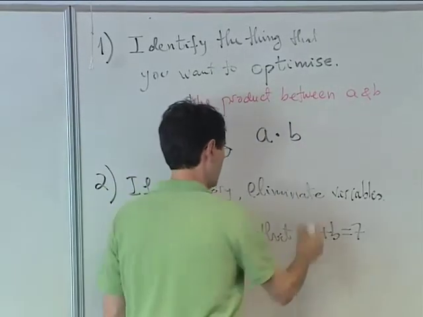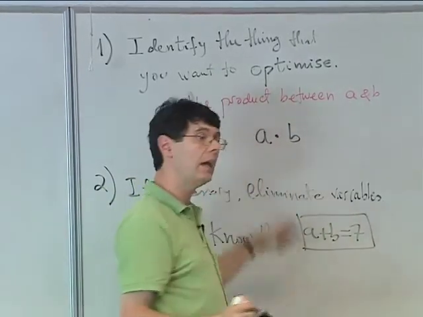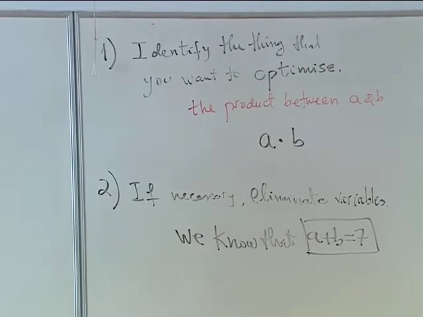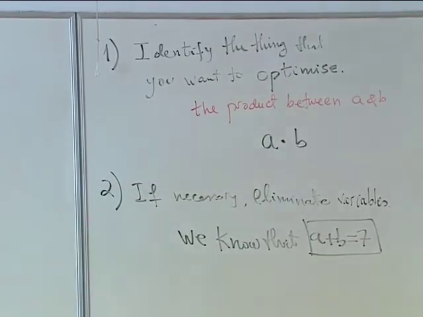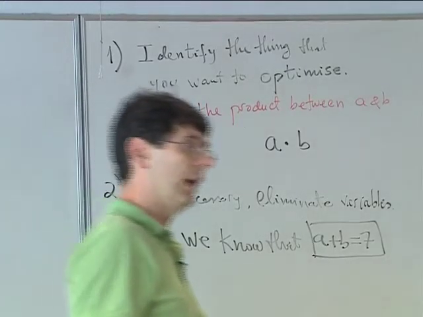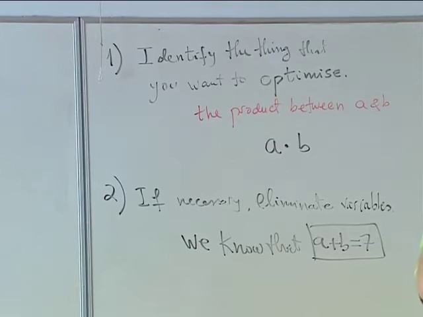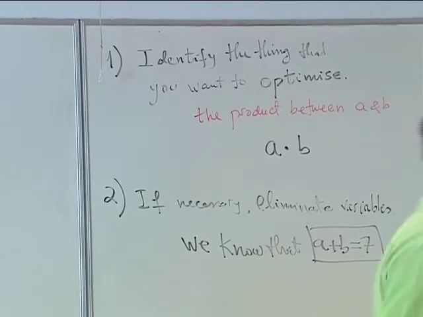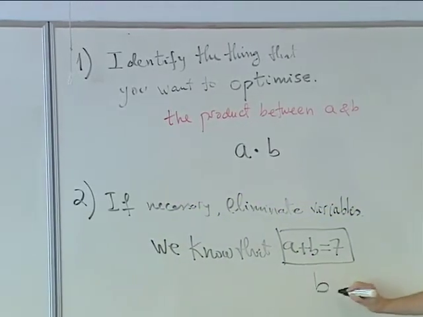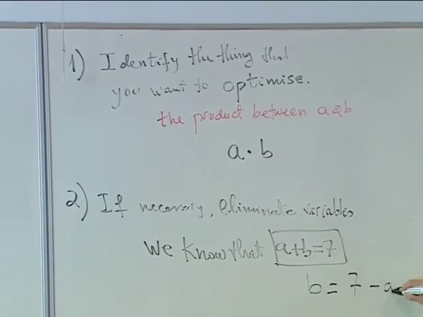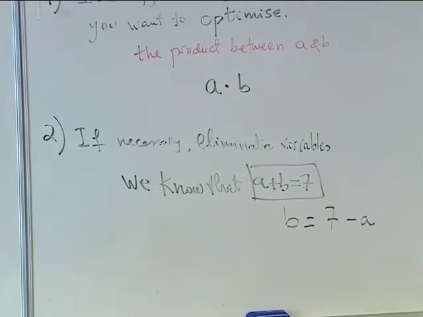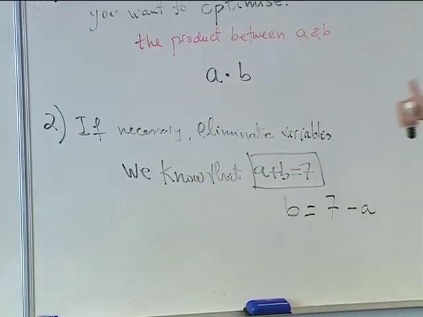And that relationship allows me either to write A in terms of B or B in terms of A. In fact, it will not matter much because there is a symmetry in there, right? So choose which letter you like better. Do you like A better or B better? Let's hear it for A. Okay, A. So I'm going to eliminate B. I'm going to write B is equal to 7 minus A. That's what I mean by eliminate a variable or write one in terms of the other.